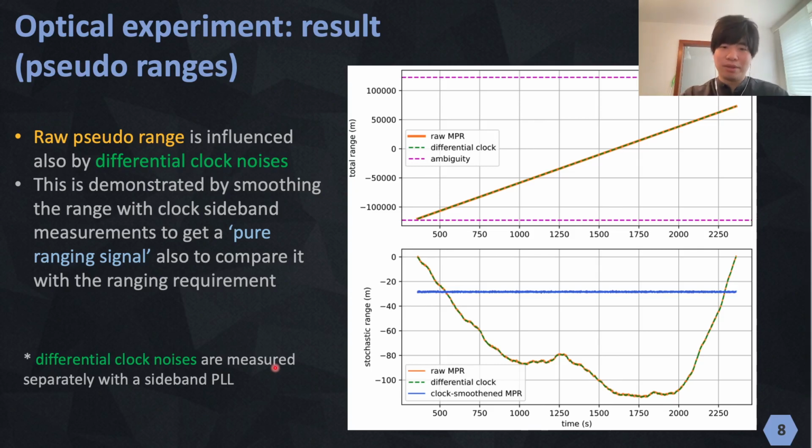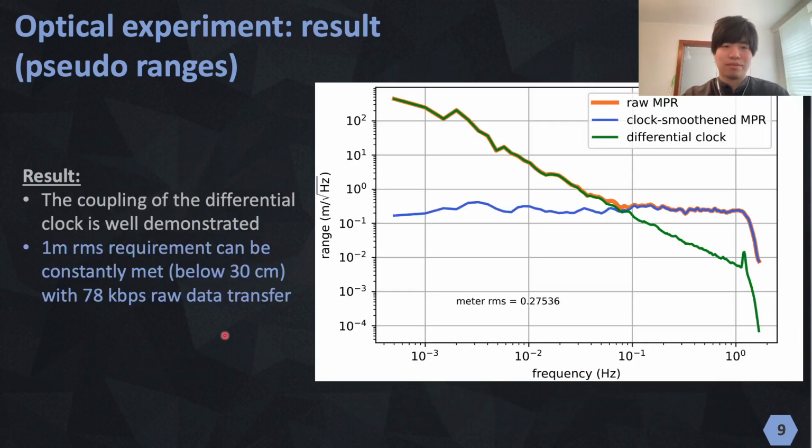So to demonstrate it, we smoothed the raw pseudo range with a differential clock signal to get a pure ranging signal shown in blue. So as expected, the raw pseudo range and the differential clock signal match each other very well, and after subtraction, we can get rid of the coupling of the differential clock. So this is what we want to demonstrate.